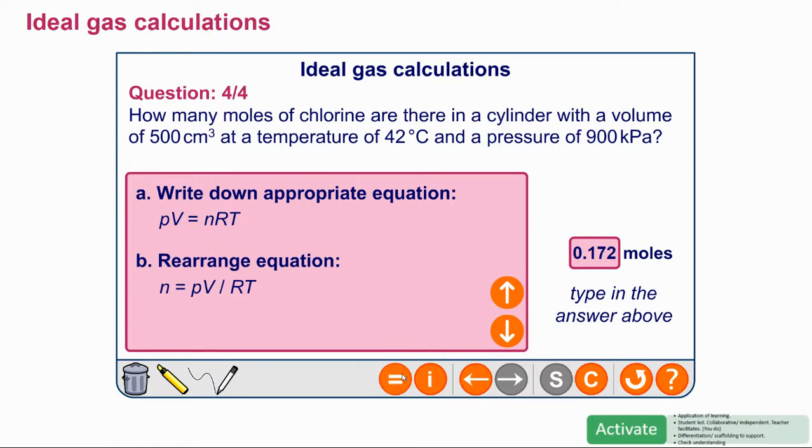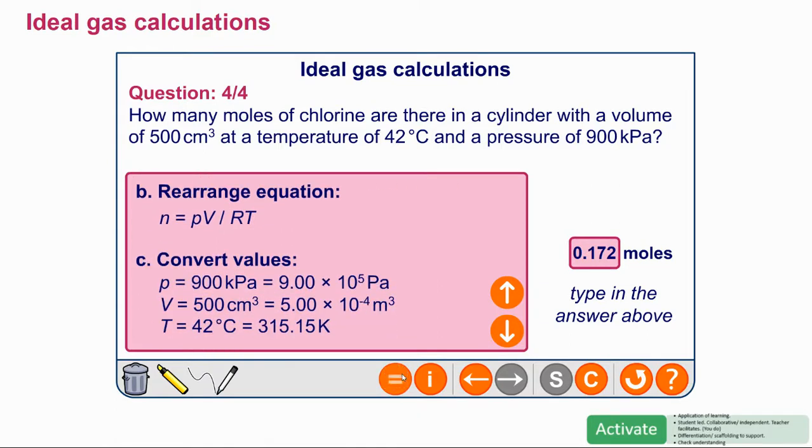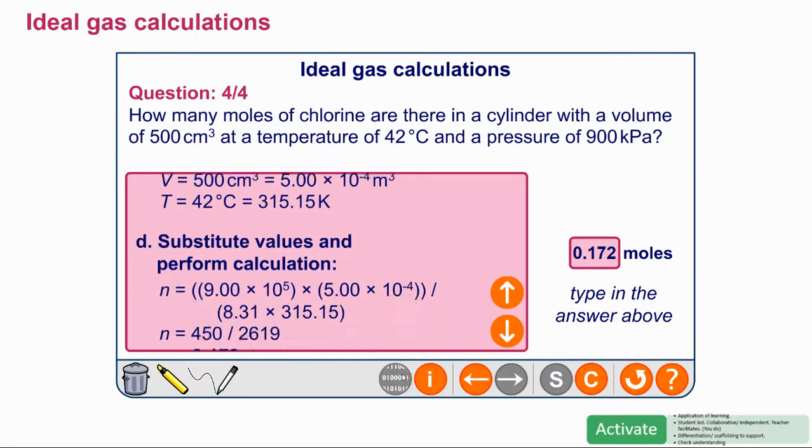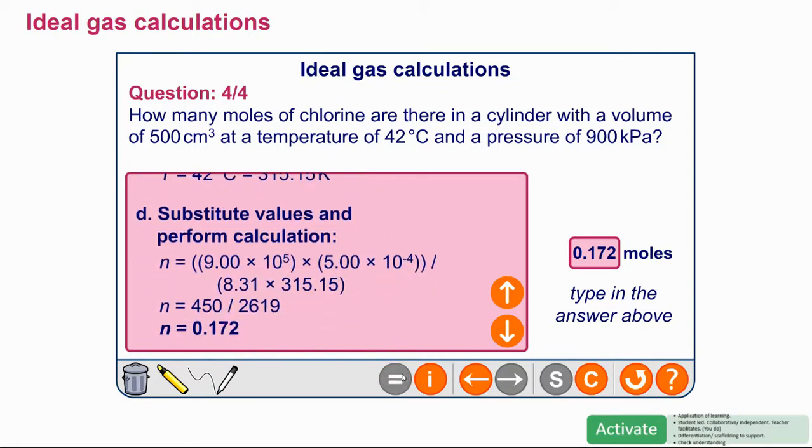We're looking for n. Let's do some value conversion now. Note, 500 centimeters cubed is 5 times 10 to the minus 4 meters cubed. And obviously temperature is converted there. Then we substitute in the values, and we get an answer out. We have 0.172 moles.